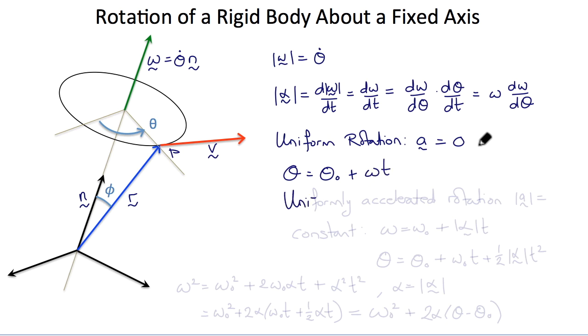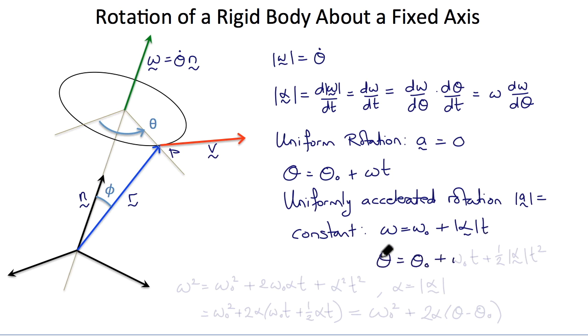A uniformly accelerated rotation with a constant acceleration could be omega equals omega naught plus the magnitude of the acceleration times t, which would mean that theta equals theta naught plus omega naught t plus 1/2 alpha t squared, integrating.